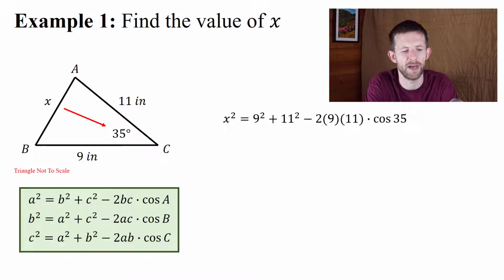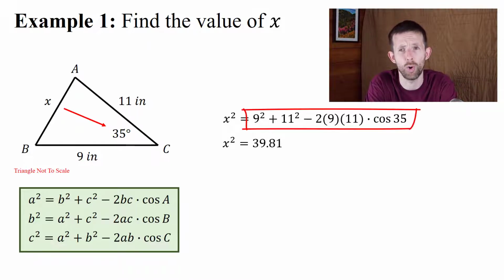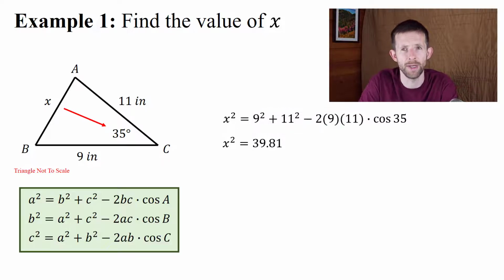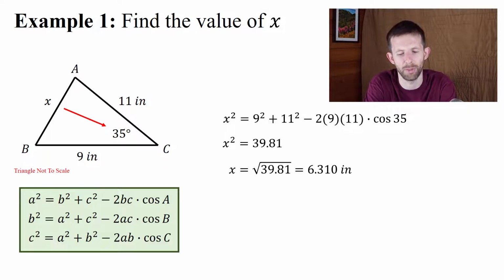Because 35 is opposite side x, the x is on the left and the 35 is on the right, and the adjacent sides to the angle that's 35 degrees wide are on the right. I can put the whole right side into the calculator and get 39.81, and then all that's left to do is take the square root of that, and I end up with x is 6.310 inches.